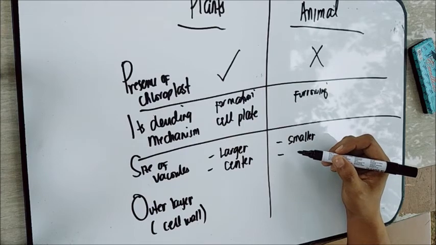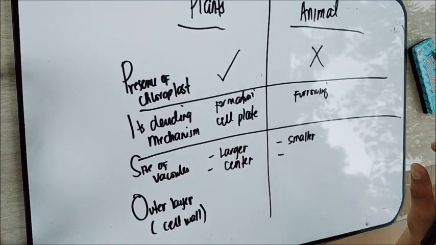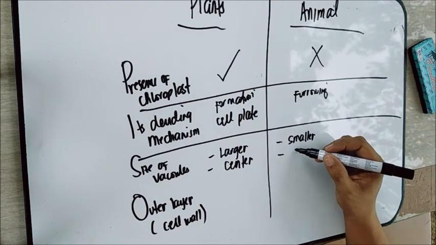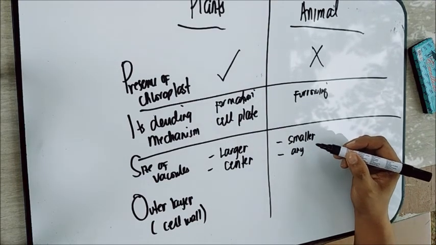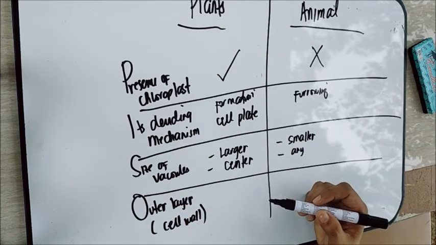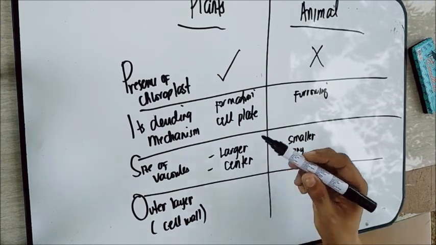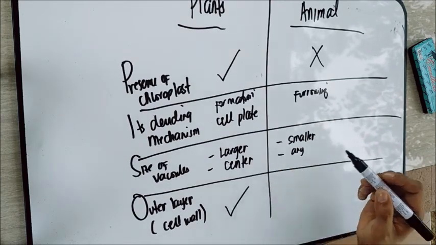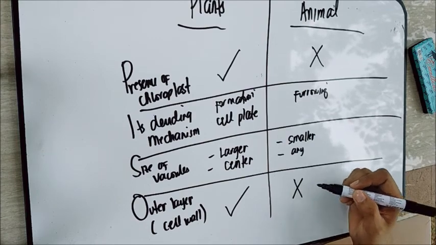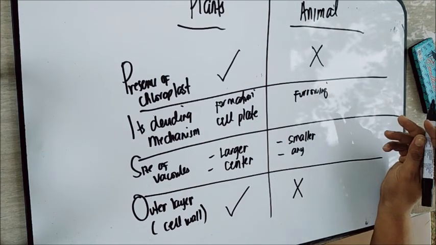So we cannot determine. It could be on any part of the cell. Now, for the outer layer, which is the presence of the cell wall, plant cell contain cell wall. On the other hand, animal doesn't have cell wall.